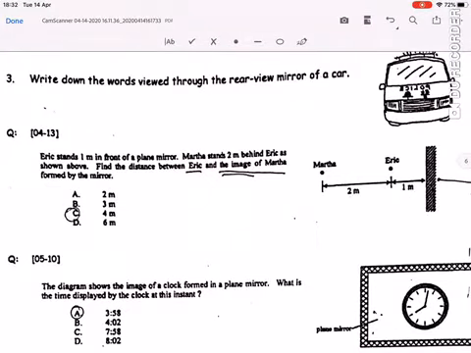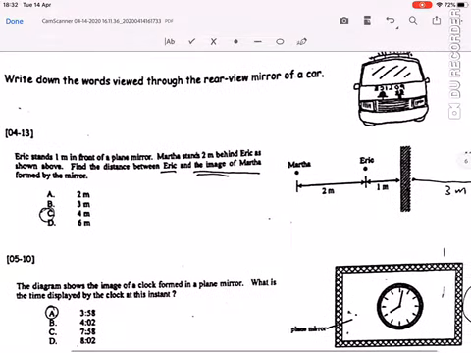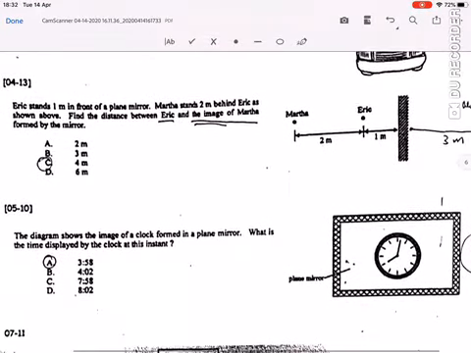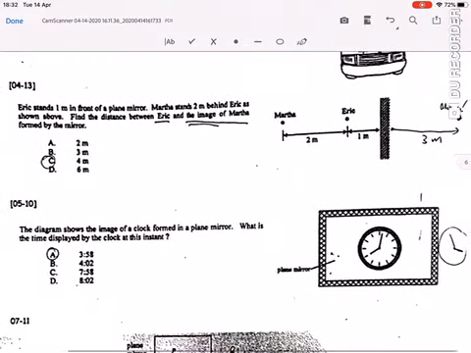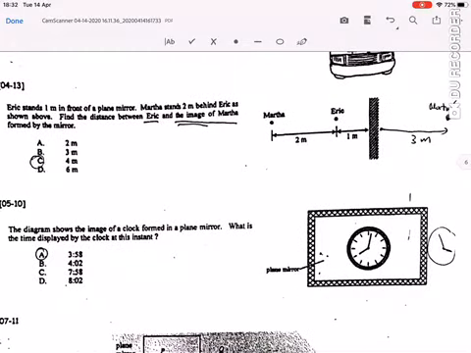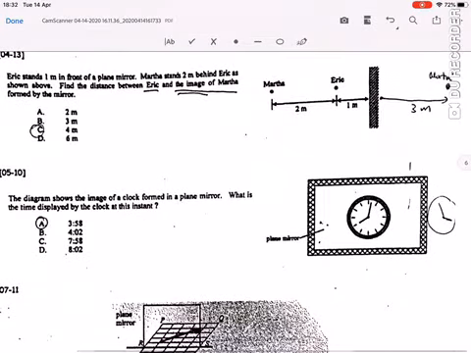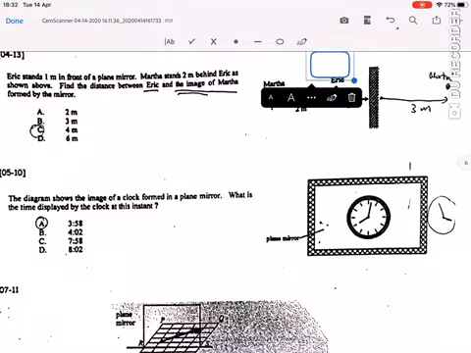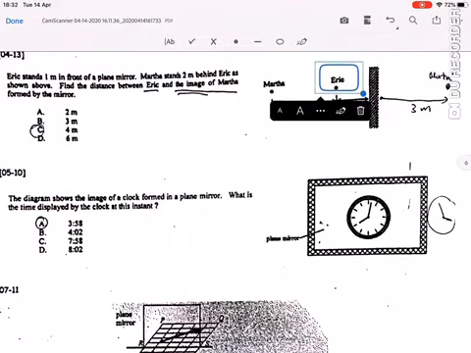Okay? Now, question 4.13. Eric stands 1 meter in front of a plane mirror. And then Martha is 2 meters behind Eric, as shown in this diagram. Let's take a look at it. How far away is the distance between Eric, the real person, this one, and the image?